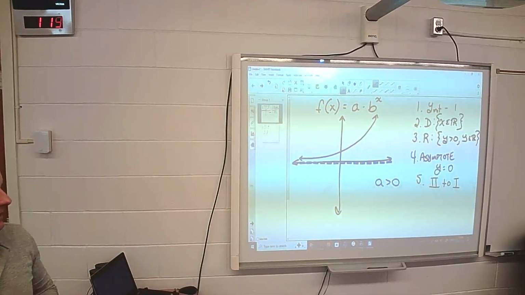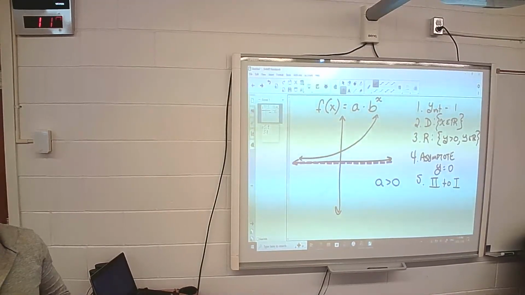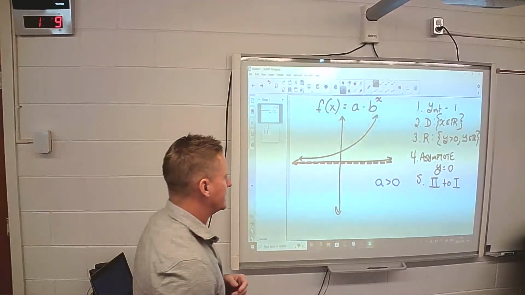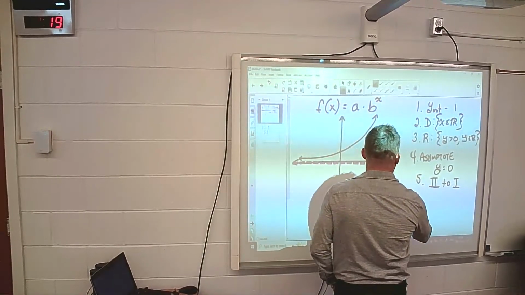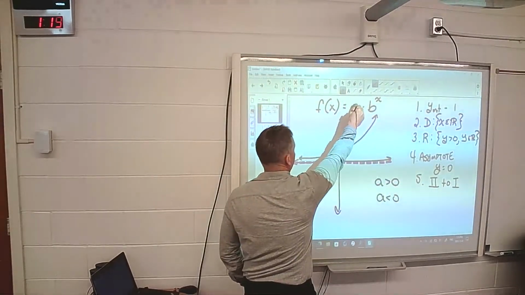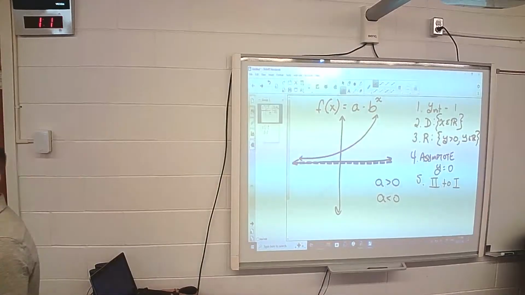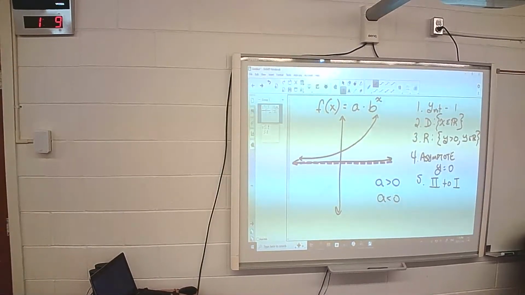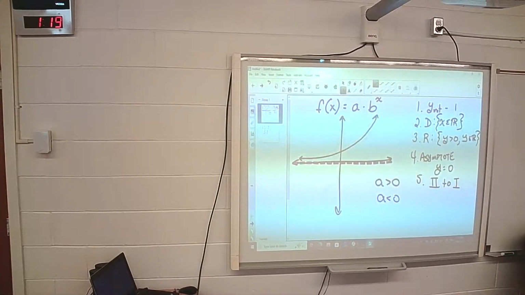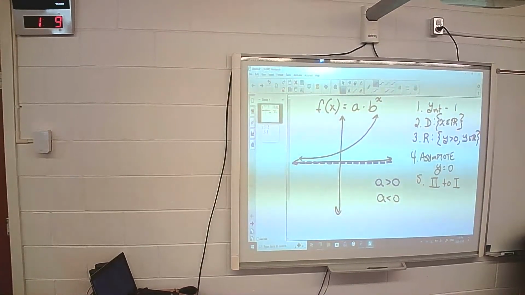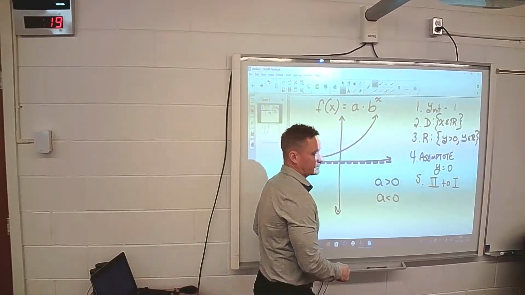Now, here's the catch to all of this. All right. If a is less than 0, if I put a negative in here, what do you think then happens to the graph? Excellent word. Over what? X-axis. I like that.